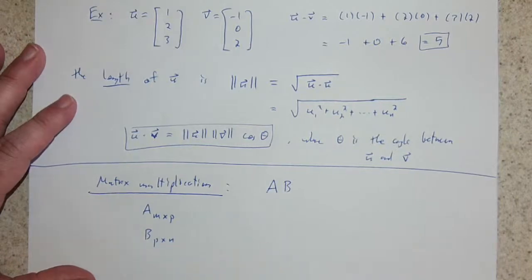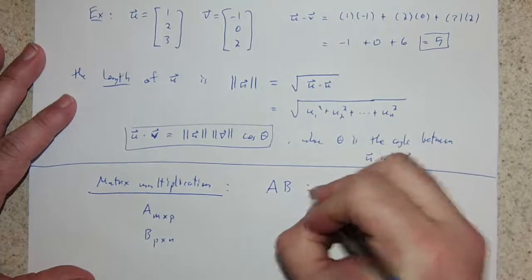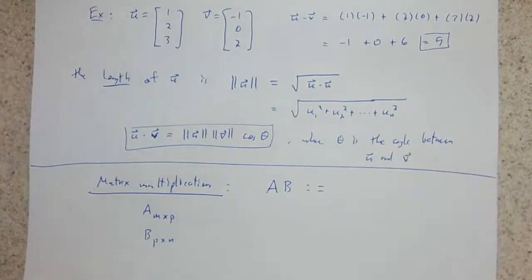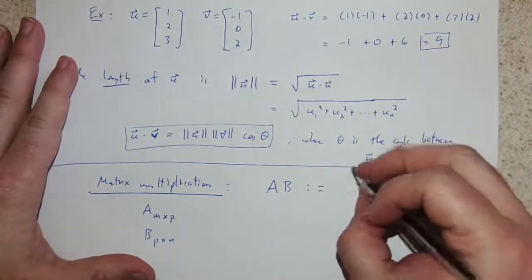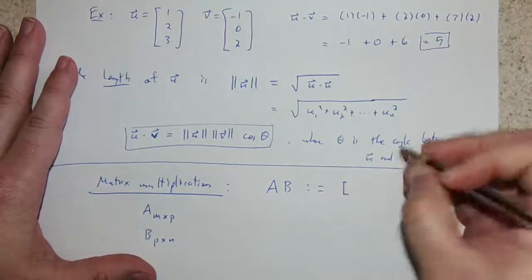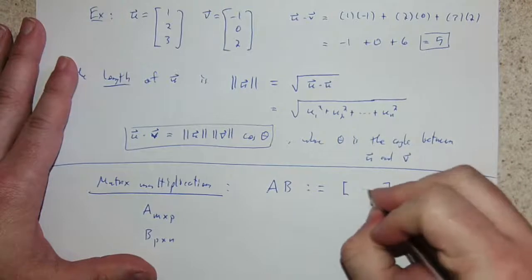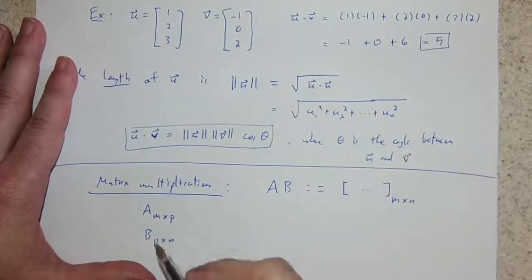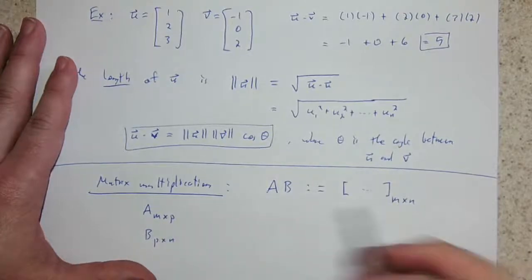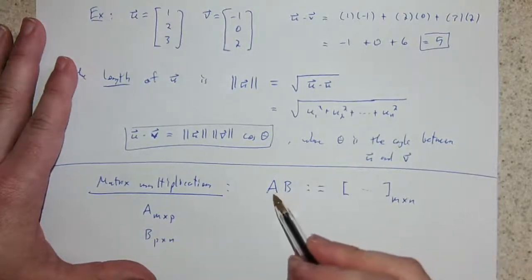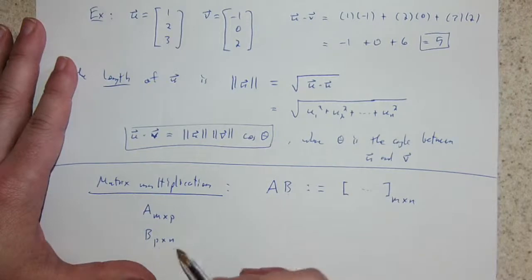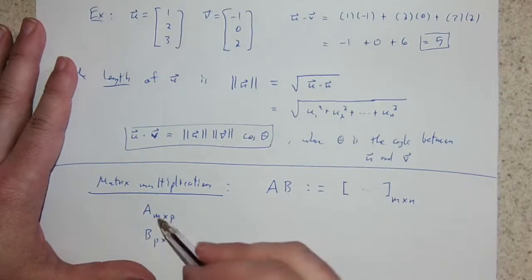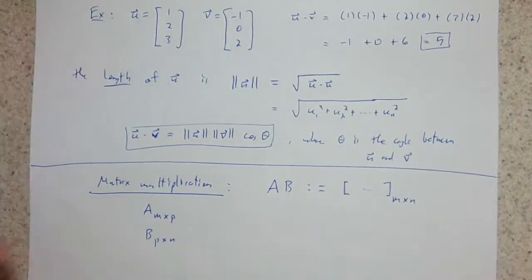The reason this becomes clear is if I write this as a matrix. This is an M by N matrix. So if these P's match, the resulting matrix is M by N, where A is M by P and B is P by N. Those have to match, and then M is the number of rows and N is the number of columns here.